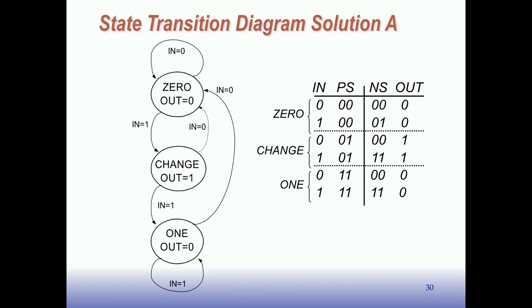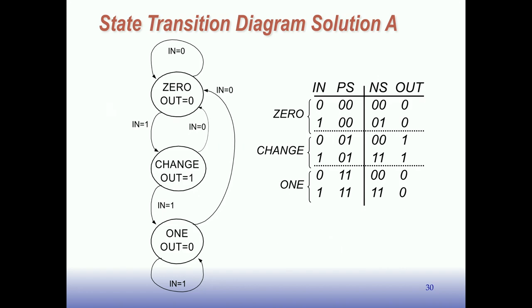All right, so we need 3 states in the state machine to implement this function in this Moore-style FSM. And here is the state transition diagram where I've encoded 0, 0 for this state. The change state is 0, 1, and the 1 state is 1, 1. Again, I've just randomly picked bit patterns to represent these states.